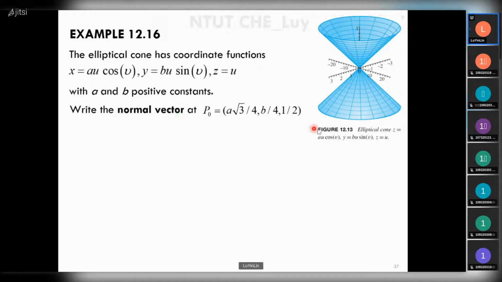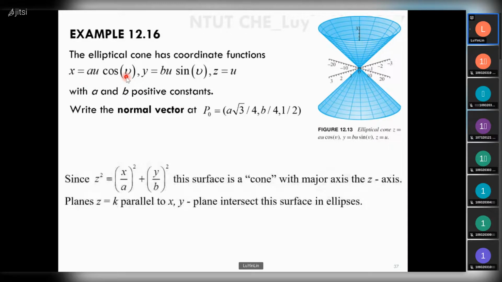So please try to find a normal vector at this point, P0. P0 is important. The first step is to use P0 to find u and v. You don't have to write every word in your handout.